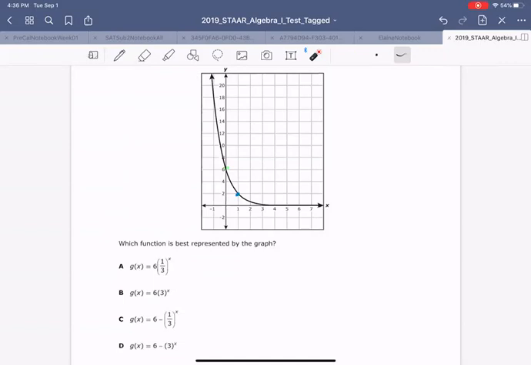Which one do you choose? Well, it's A, right? Yes.